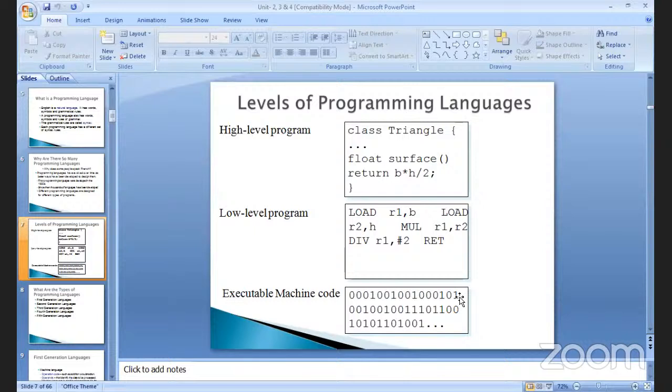Whatever codes we give, when the program is executed, they should be converted into these machine codes, like 001, depending on the letters.